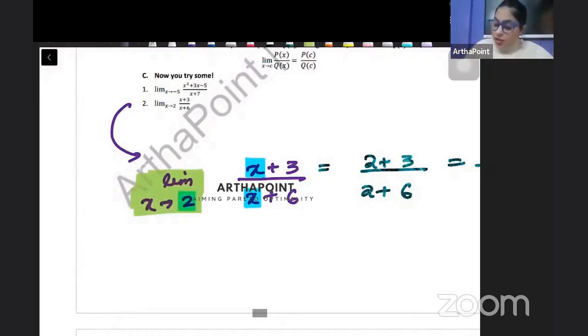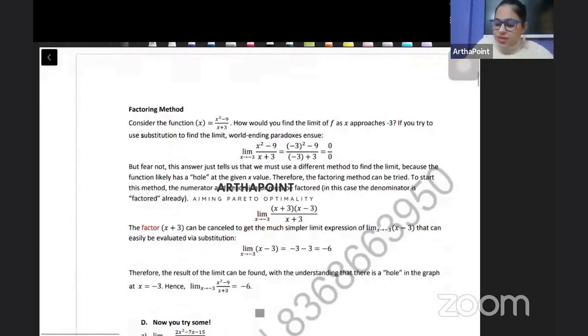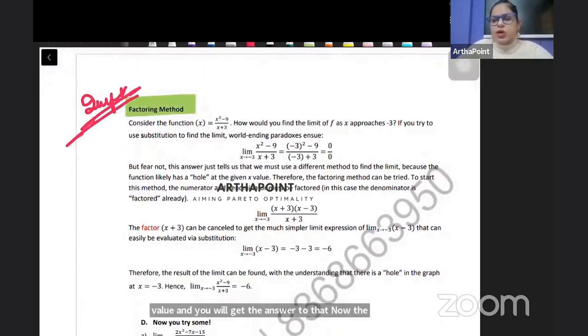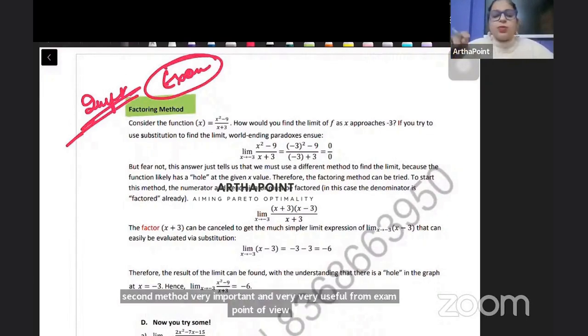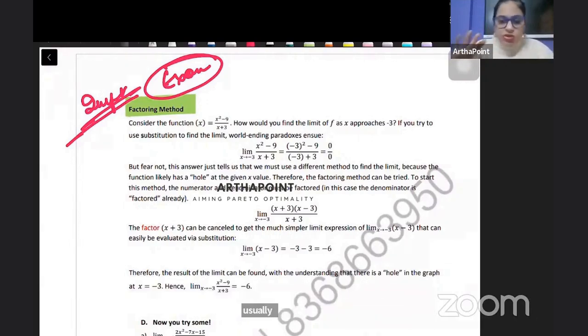That's it. Now, the second method, very important and very, very useful from exam point of view. Usually इससे एक question exam में आ जाता है. Sometimes you will see a question in the exam based on this. What this says, जो मैंने आपको शुरू में दिया था, that sometimes there is a discontinuity in the function.